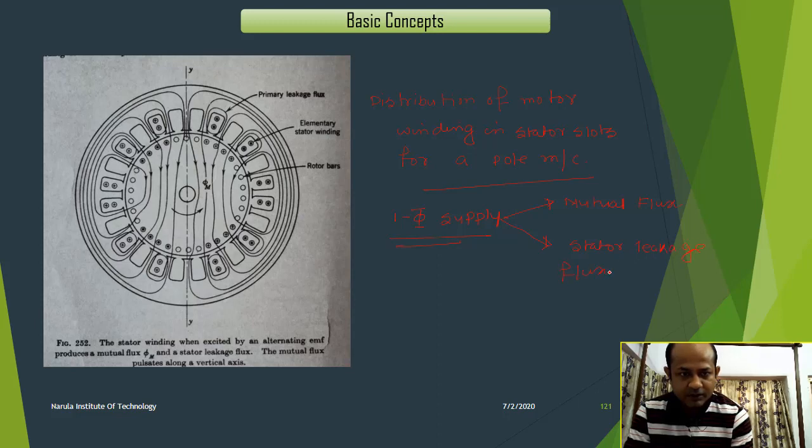So these two fluxes are produced when we give a pulsating supply to the stator winding. Now this mutual flux crosses the air gap and links both the rotor bars as well as stator turns.